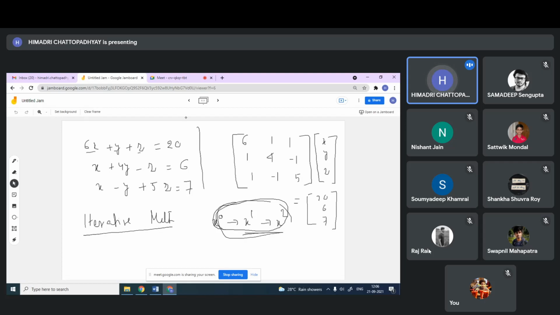You express x, y and z as three separate equations only for x, y and z. So that means I just erase this.